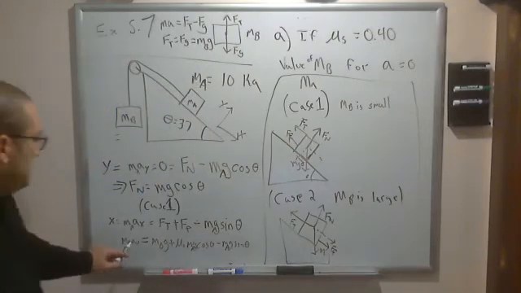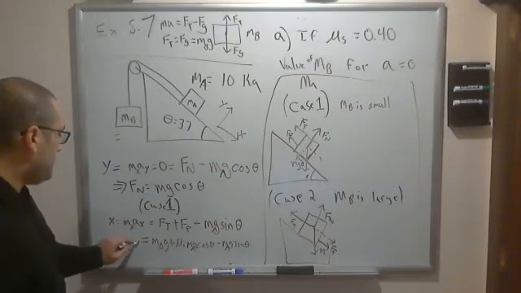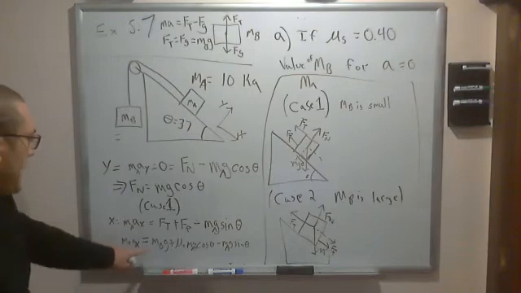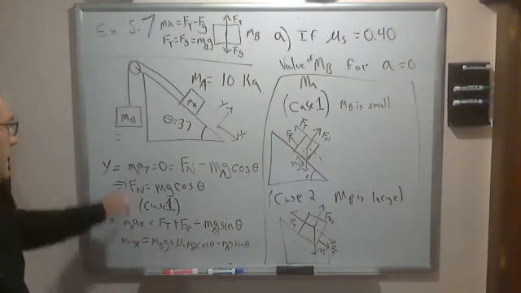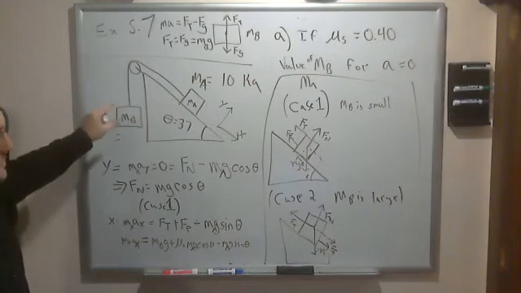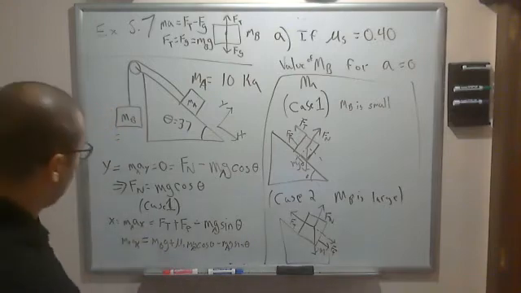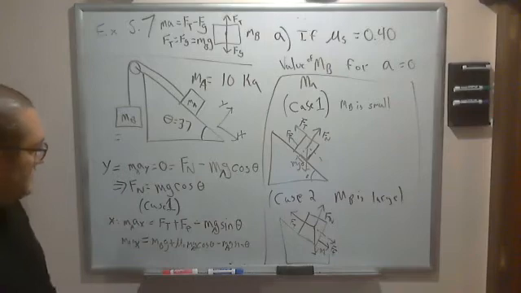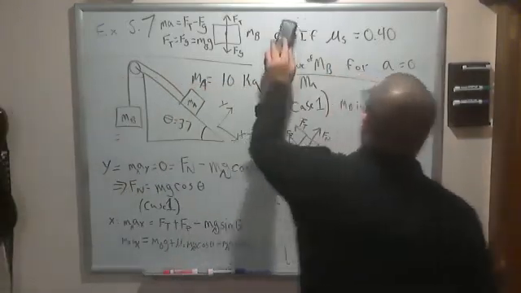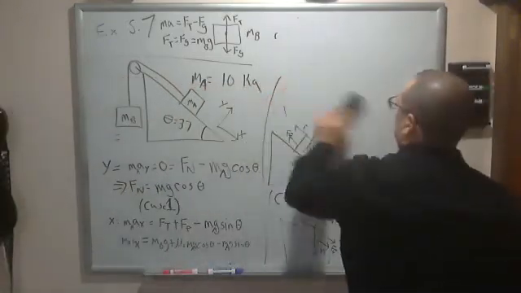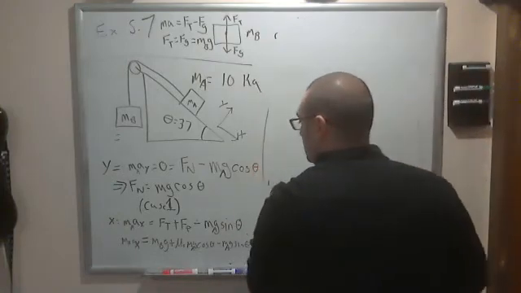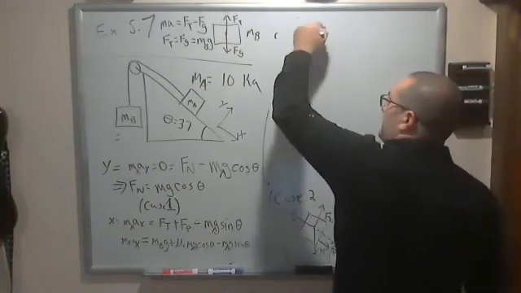Now we have this equation, right? And the smallest value that MB would be to keep everything in its static position is given when the acceleration is 0, right? So we would have this.